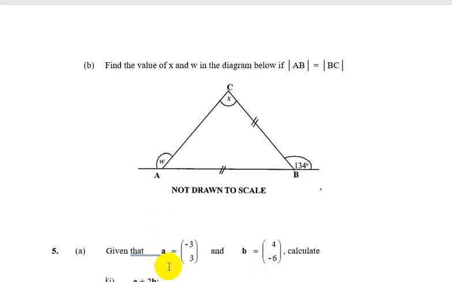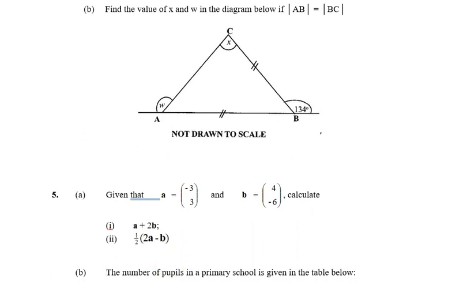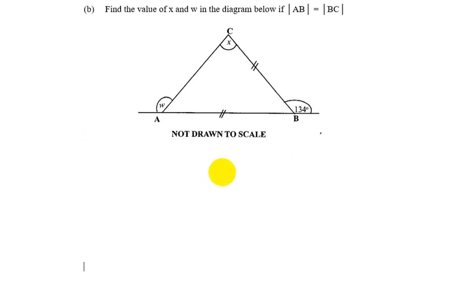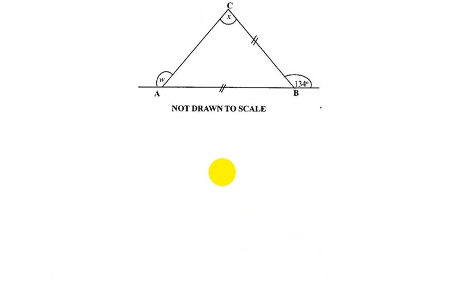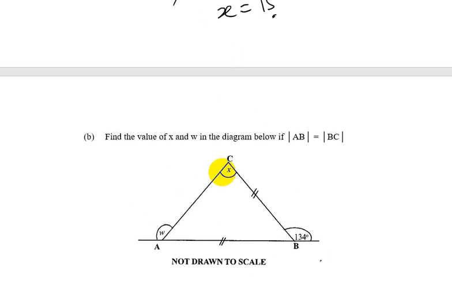Now question 4b is also a diagram, and it's saying that we should find the value of x and w if line AB is equal to line BC.